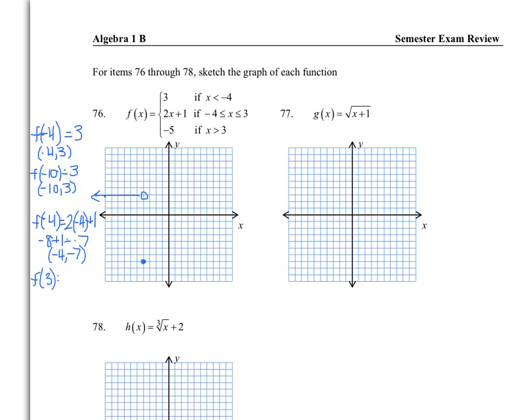Well, f of 3 is 2 times 3 plus 1, which is 6 plus 1, which is 7. So I'm going to have a point at 3, 7. I'm going to plot that. It's also going to be a closed circle because this is a less than or equal to. Those are my two endpoints, so I'm going to connect them.